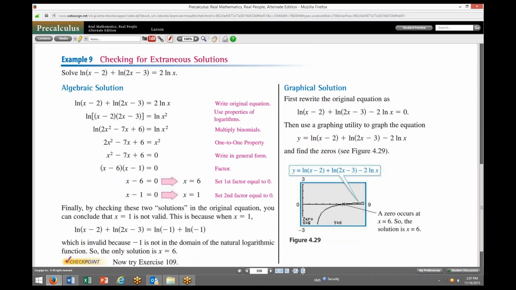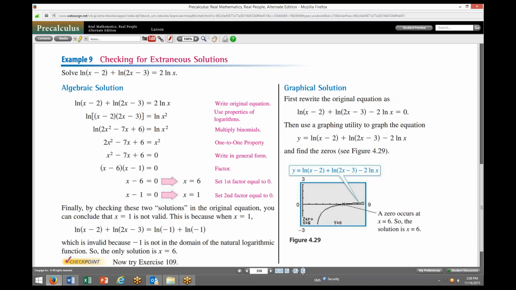But what we're going to do is make an objective of trying to get just one natural log expression on each side of the equation, set them equal to each other, and then use the so-called one-to-one property. And since natural log of something is going to equal natural log of something, the two somethings, so to speak, are equal to each other, and we'll get our answer for x.